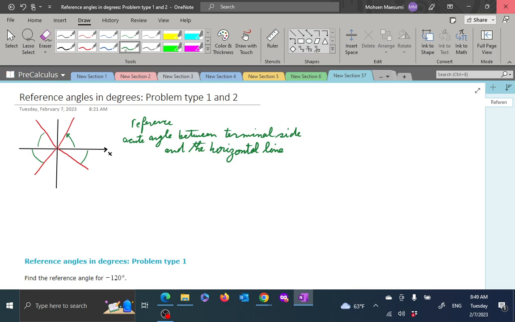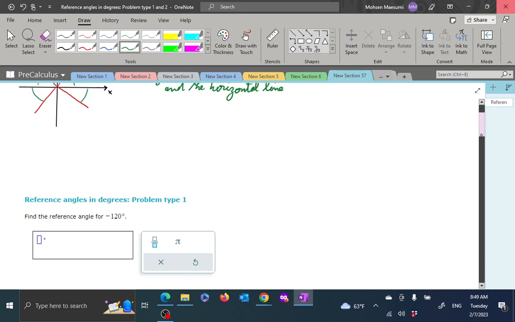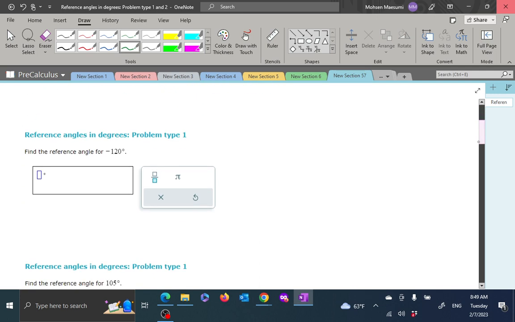Let's practice this in several examples and see how it works. So here is our first angle. We have an angle of minus 120 degrees. The question is, what's the reference angle of that? Let's try to visualize where this angle is. Minus means we are going in a clockwise direction.